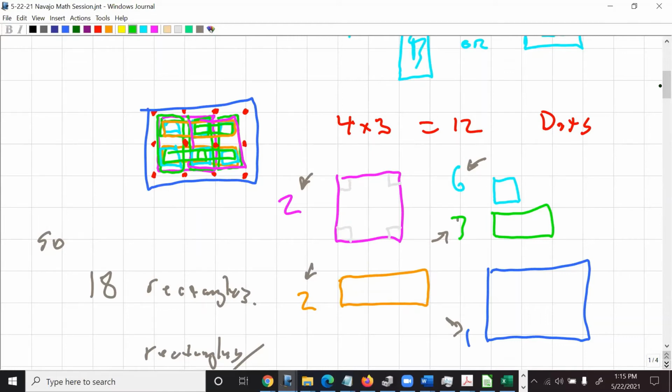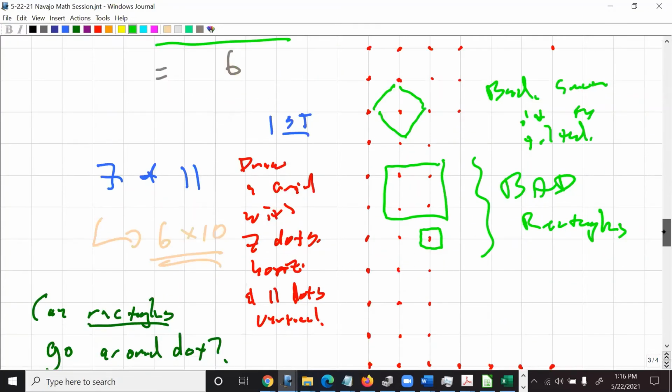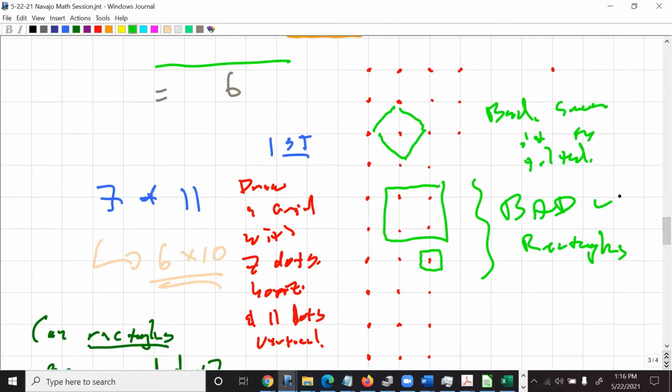No. And so we're not allowing, so over here, we're calling this bad because it's tilted. Why are these rectangles bad, right? Here we've said the answer. I've said that it's bad, but I didn't say why.